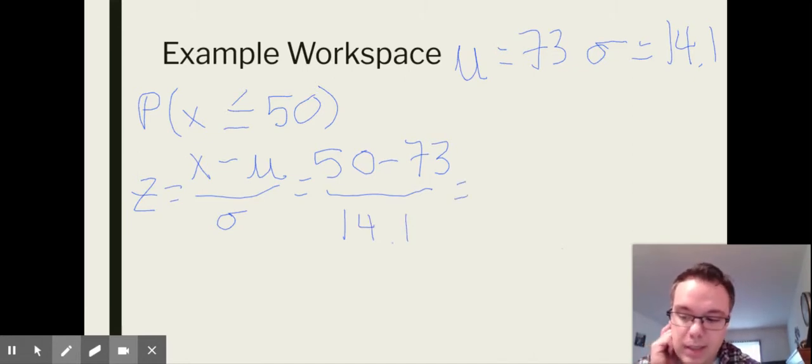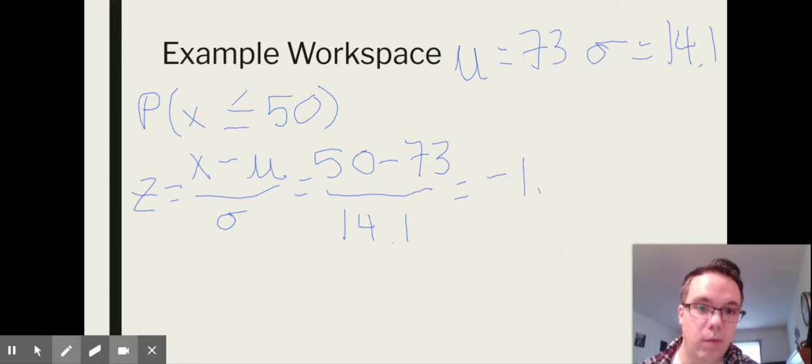And when you find the z-score, remember you want to find it to 2 decimal places because that is how a z-table works. So if you do the math here, you subtract the 73 from 50 and then divide by 14.1, you get a z-score of negative 1.63.